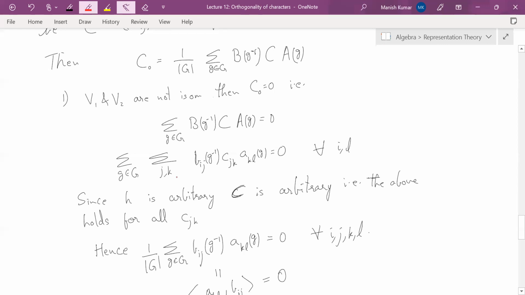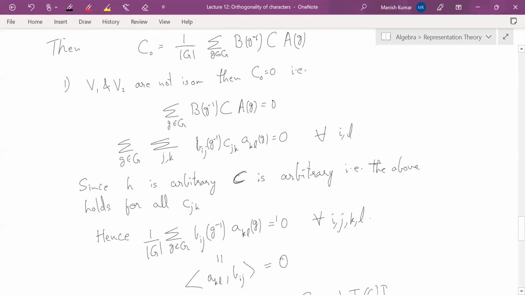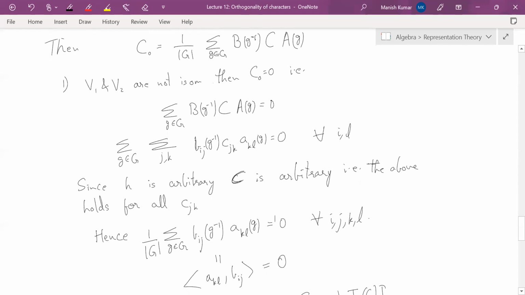Then you sum over all G in G, and you get that this must be 0 for all i and l, because C0 is the 0 matrix, and this is a scalar now.